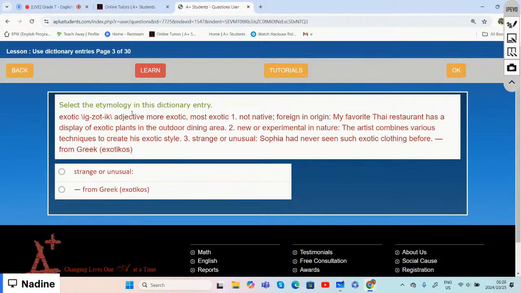Which one is correct? If we were to select the correct answer, we will say it is option two, from Greek exotikos. Well done.